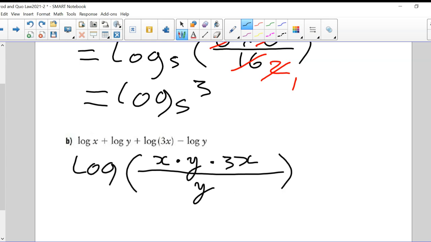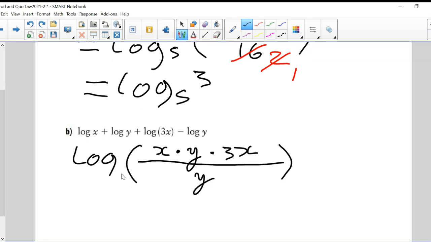And by the way, that's base 10. If there's no base, then it would suggest I'm dealing with a base 10 log. So I'm not going to write 10 in because it was assumed at the very beginning.